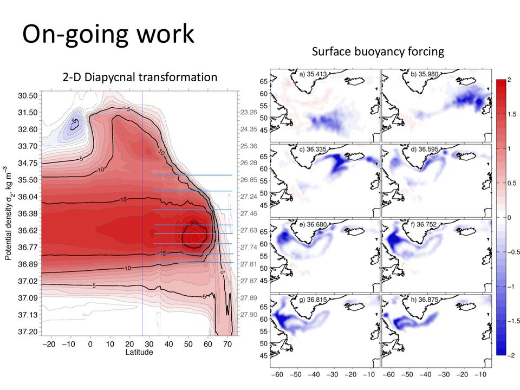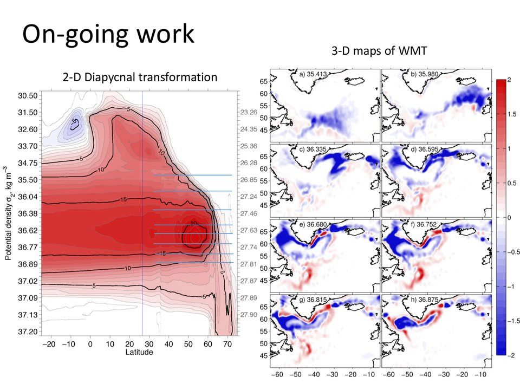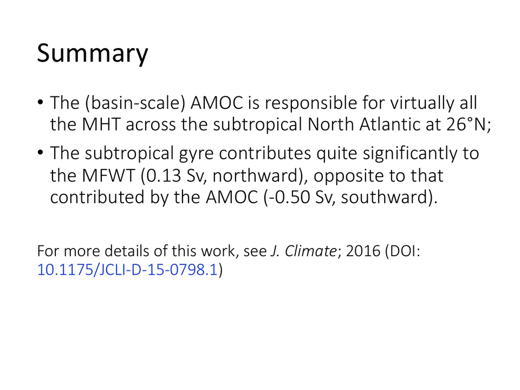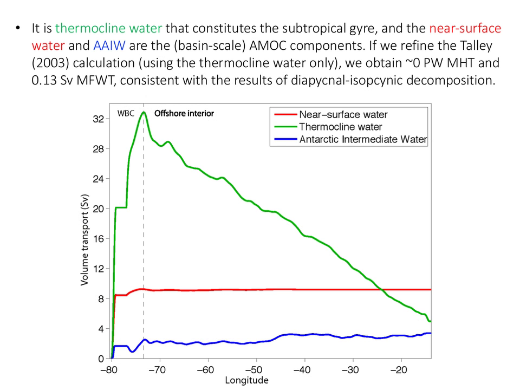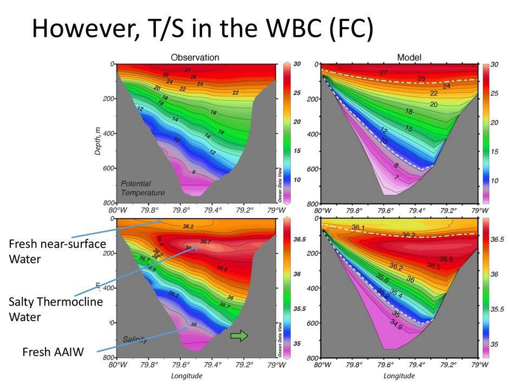Yeah. So there are two ways of thinking about why the surface contribution has to be part of the AMOC. First, you can see from these slides, here is the Florida Current. In the upper part, up to 100 meters or so, you have quite fresh water, 36.2, compared to the Atlantic water.